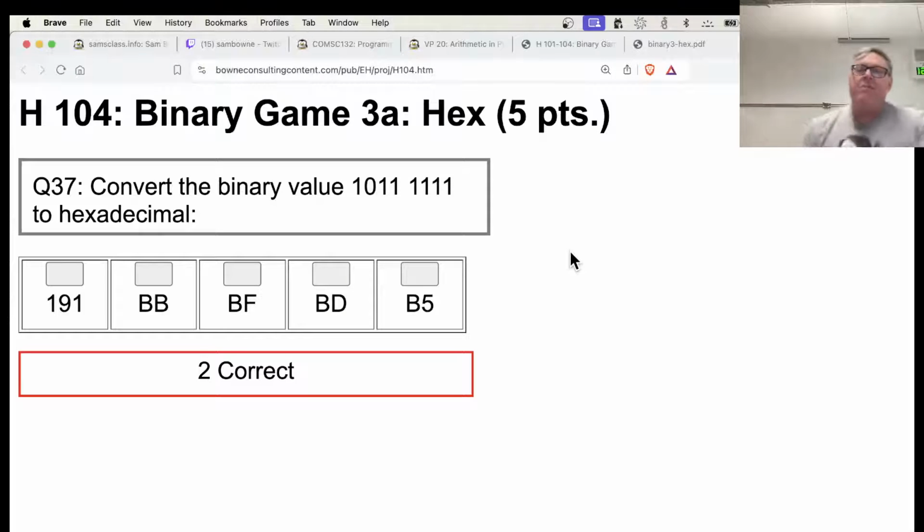How about this one? It really only takes a few seconds after you learn the trick. 125? That's base 10. I'm looking for a hex value.